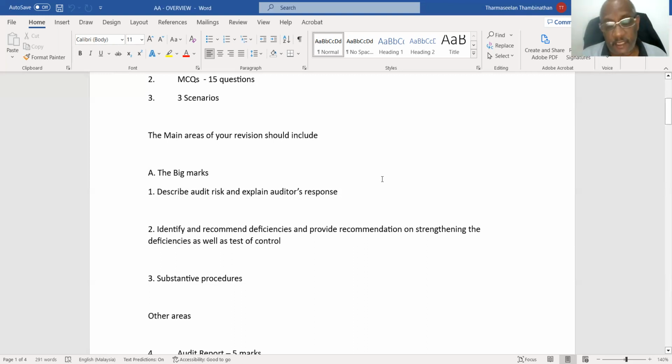Many students get very confused in this area if they don't come from an auditing background, because you must remember the auditor's response should be based on the kind of risk we have. And the response can be allocating more staff, more time, or even carrying out substantive procedures. And this is where students get confused.